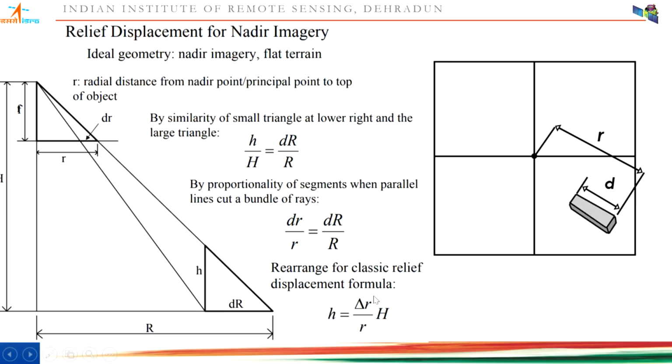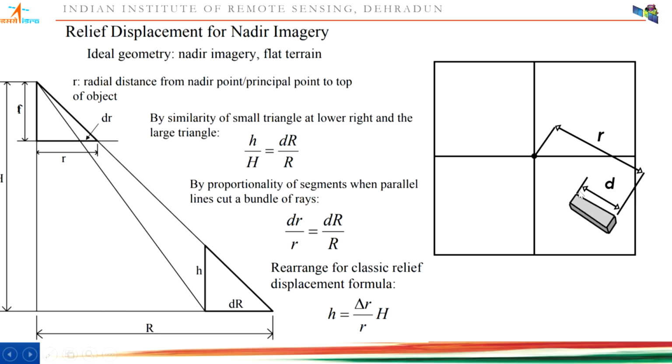We will not go into the details of how to derive this formula. You should try to see how we can calculate the height of the feature by using relief displacement. Now, suppose this is the building for which we have to calculate the height. The radial distance from the nadir to the top of the building is taken as small r.